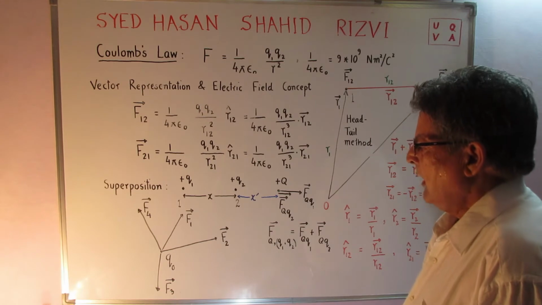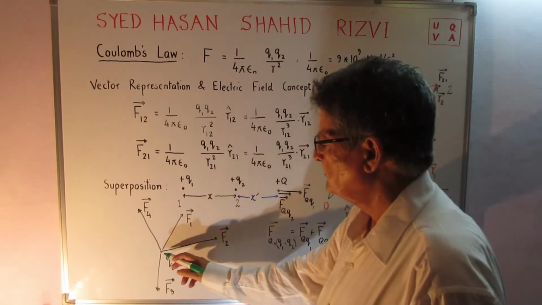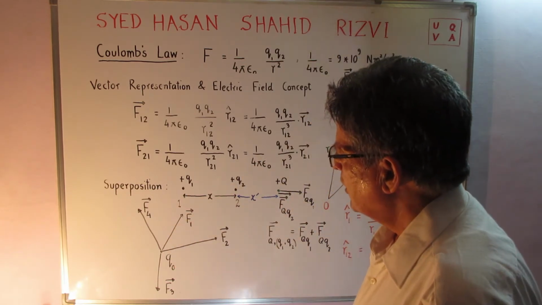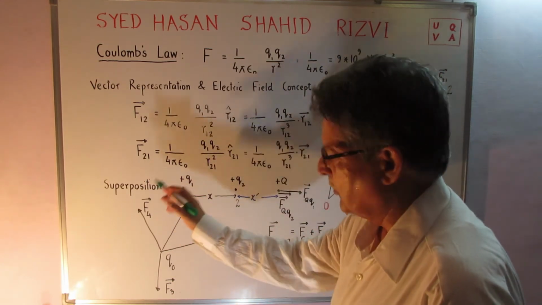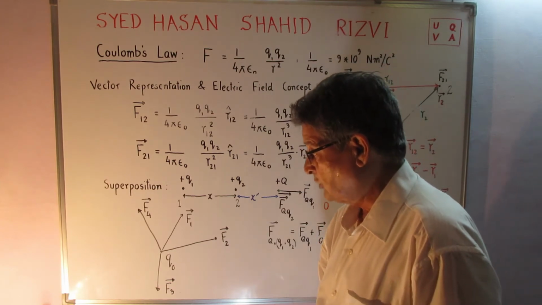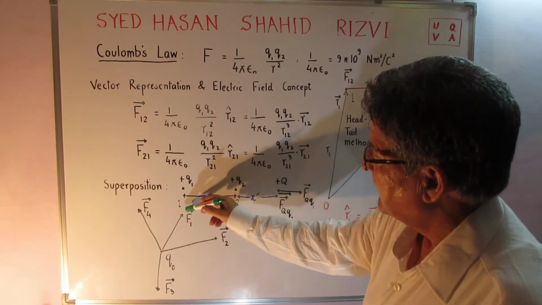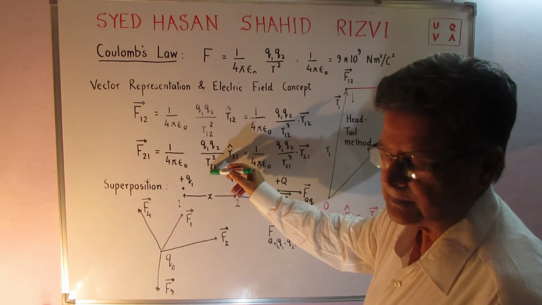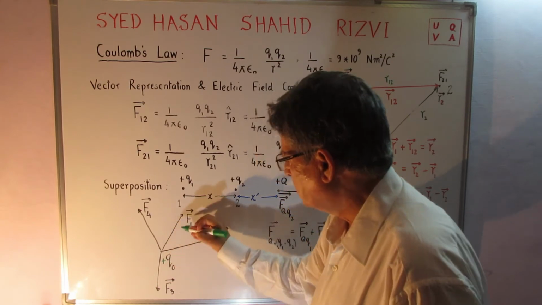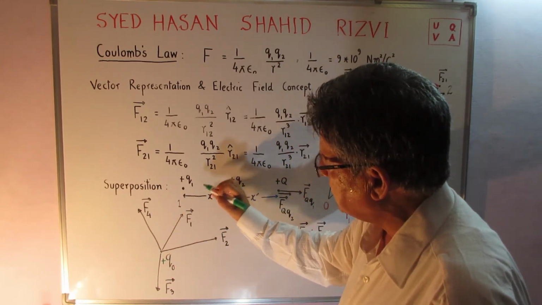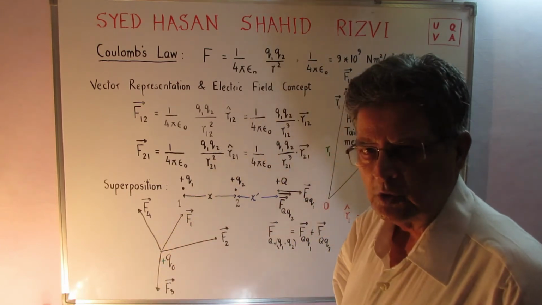Well, sometimes what happens is that I have shown a charge Q naught here, and I have shown you 4 forces, F1, F2, F3, F4. And I have not shown what there could be: a negative charge in this direction, because if this is positive, then there could be a negative charge located somewhere here, or a positive charge located in the opposite direction of what has been shown.